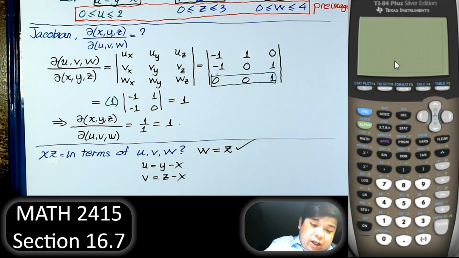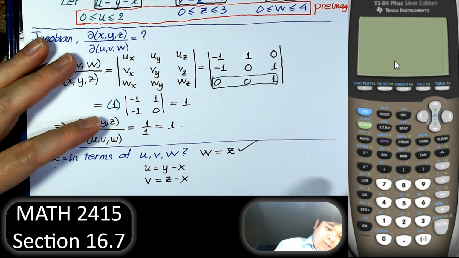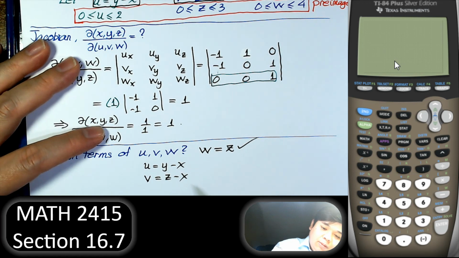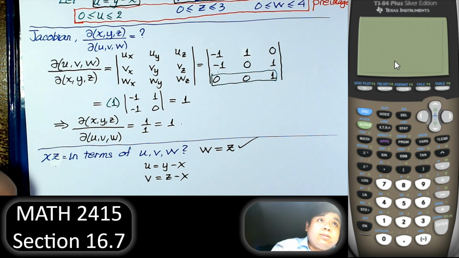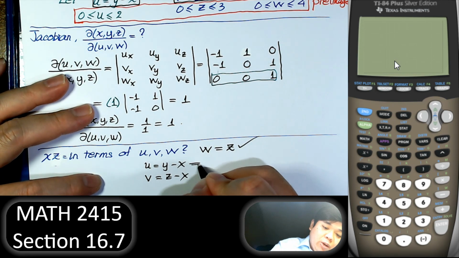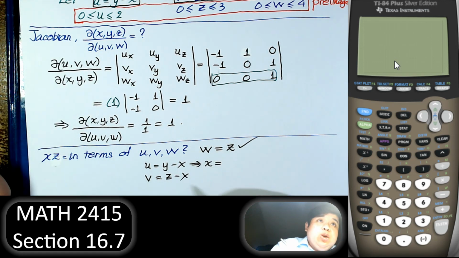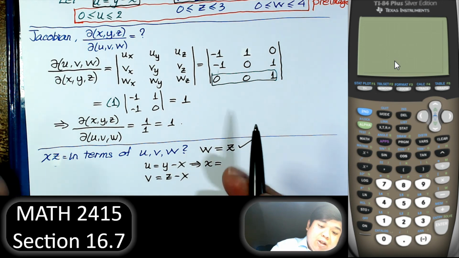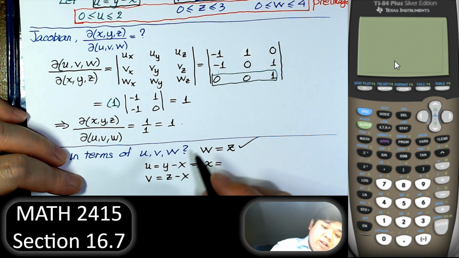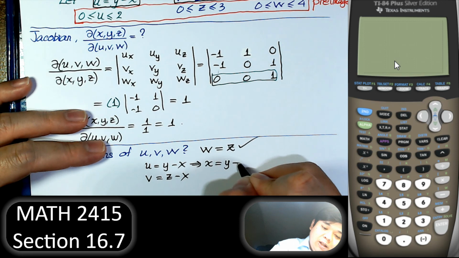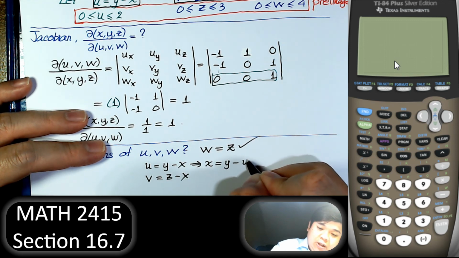So what can we do here? How can we get x from this? Right. We cannot eliminate y or z, so the only thing we can do is solve for x and use substitution. I move the x over, y minus u.